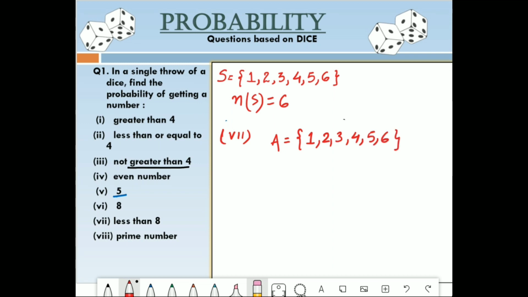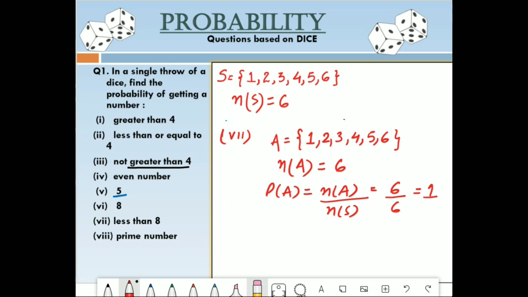All the numbers are less than 8. So in this case, the total number of favorable cases is equal to 6, and the probability for this event will be equal to n of A upon n of S, and 6 divided by 6 is equal to 1. So the answer is 1. So it's a sure event.